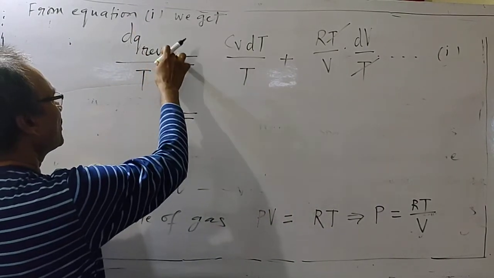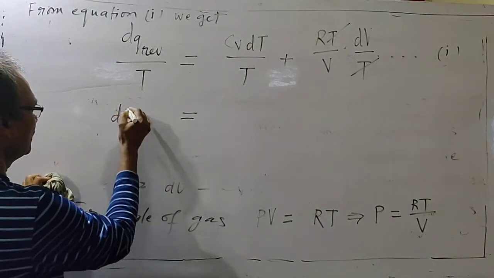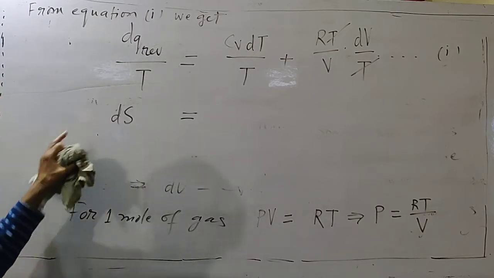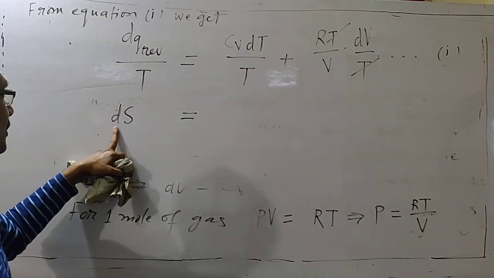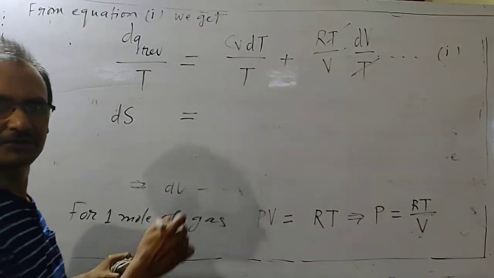We know dq reversible by T is equal to dS, a small change in entropy, from the definition of entropy, and this is Cv dT by T.